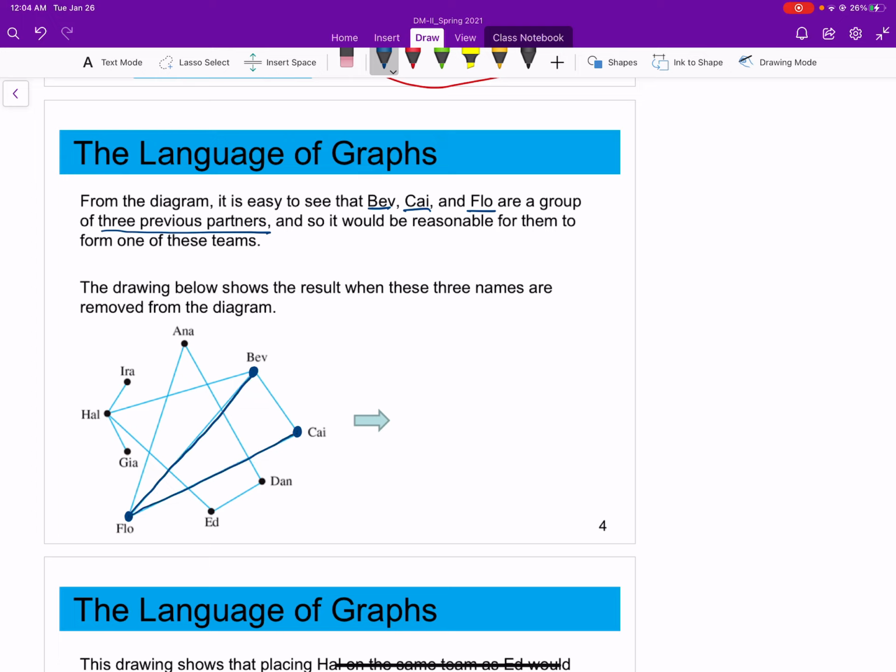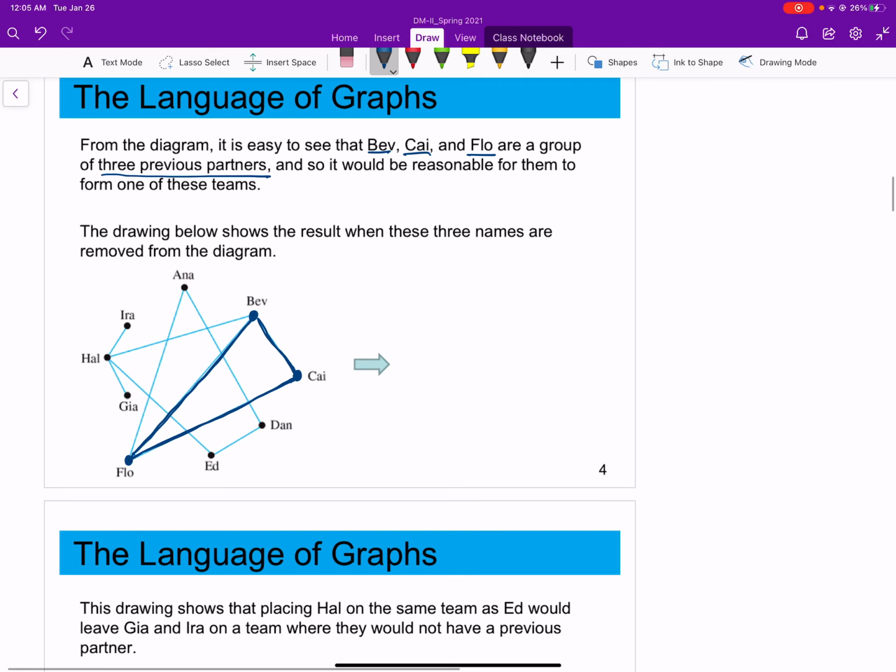All right, so that makes a nice group because all three worked together. So this will be your first group. Because the three worked together, it is given right here: Bew, Kai, and Flo are a group of three previous partners, and so it would be reasonable for them to form one of these teams. Okay, so these three people make a team.